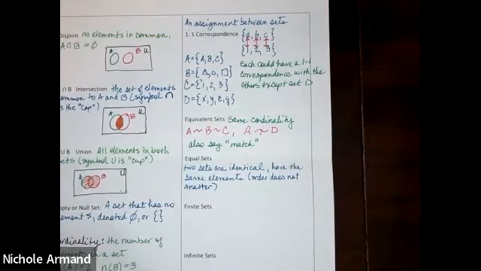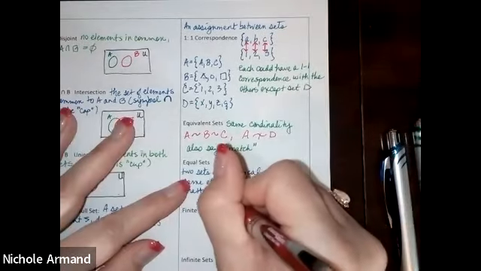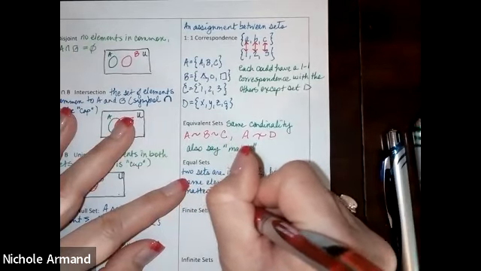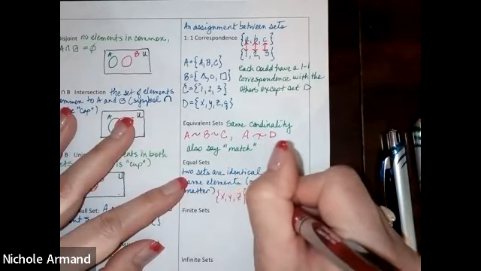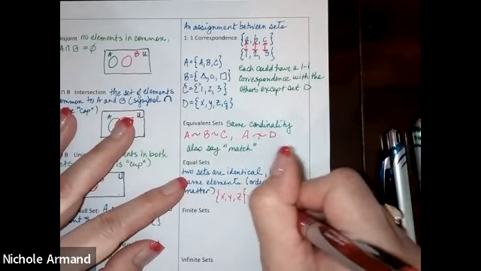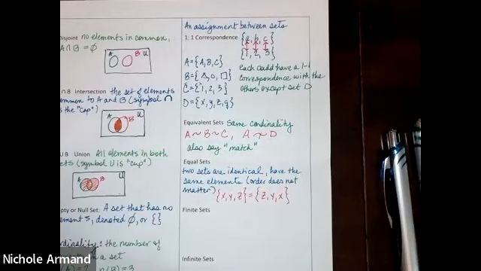Okay. So I could say that the set X, Y, Z is equal to the set Z, Y, X, because they have exactly the same elements, just not in the same order.